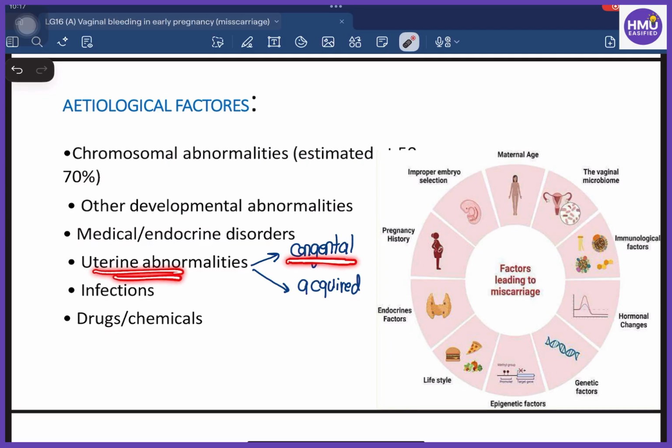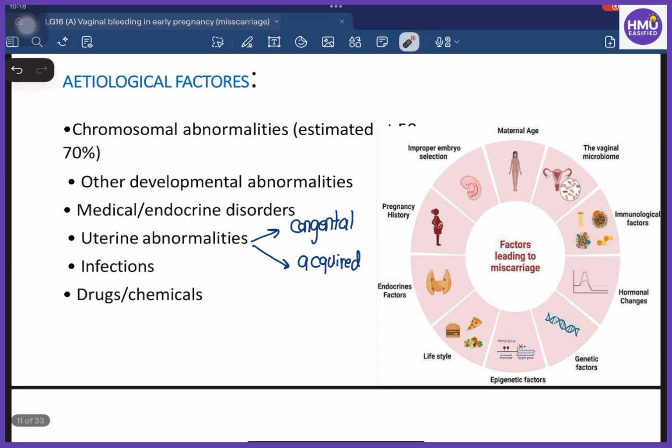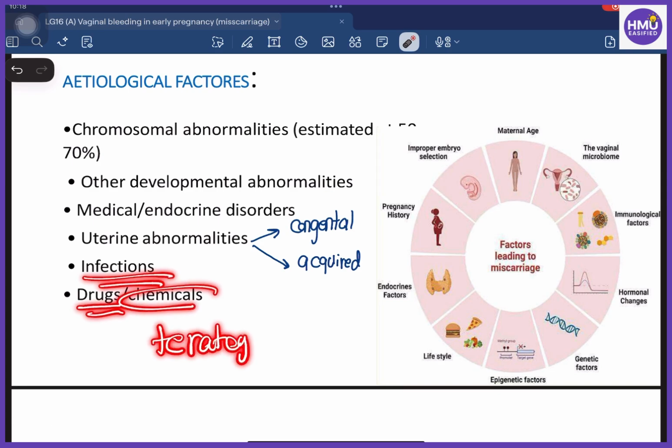It could be congenital or acquired. Congenital, for example septum, which causes recurrent miscarriage if not diagnosed. Acquired, like fibroids or any abnormalities of the uterus, can also cause recurrent miscarriage. Infection and drugs and chemicals which are teratogenic.